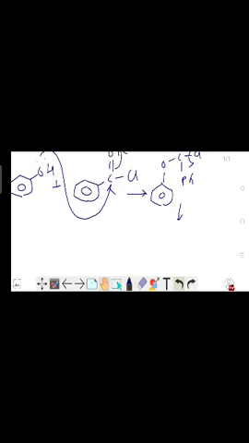So it produces again ester, and this ester is known as phenyl benzoate. So these are the reactions of phenol with acid chloride and anhydride.